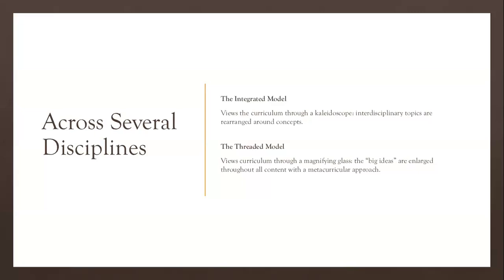The integrated model. We're looking at curriculum with regard to an integrated model through the eyes of a kaleidoscope. These are interdisciplinary topics that are rearranged around concepts. The biggest thing is that new patterns and designs are used for the basic elements of each discipline.